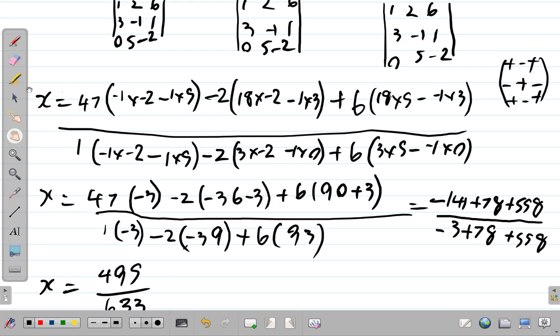I made a mistake here, you know. Good thing I checked back. What happened? You have negative 2. 3 times negative 2 is negative 6. 0 minus 0. So it's just negative 6.